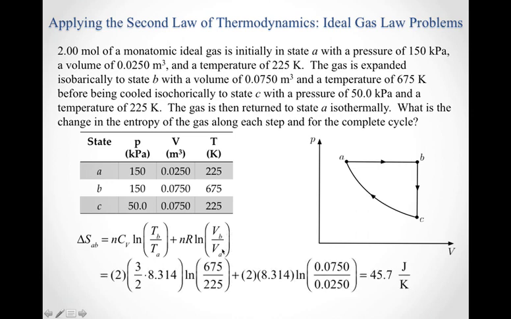When I plug in my values, what I end up calculating out is that the entropy change along this first step in going from state A to state B ended up being 45.7 joules per Kelvin.